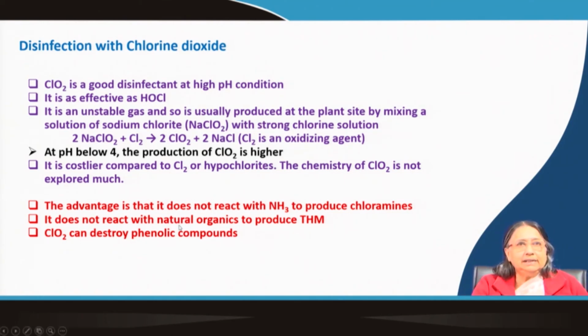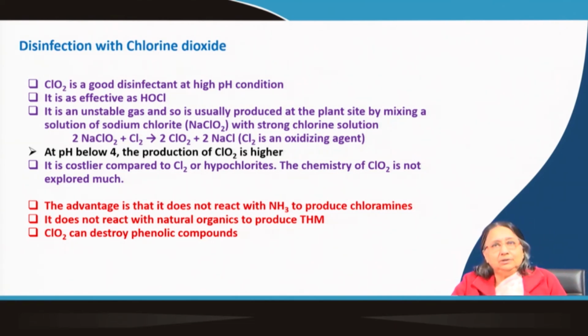The advantage is that it does not react with NH3 to produce chloramine. Chloramine is not produced, this is an advantage. Another thing you can say is that if chloramine is not produced, then the residual is not protected. It does not react with natural organics, this is good because it does not produce THMs.